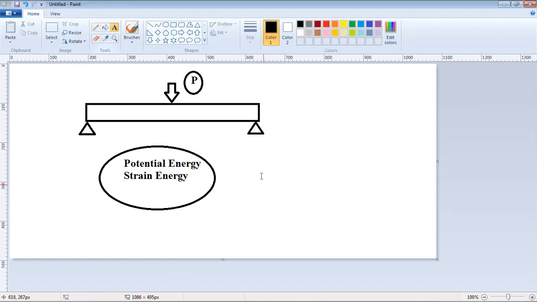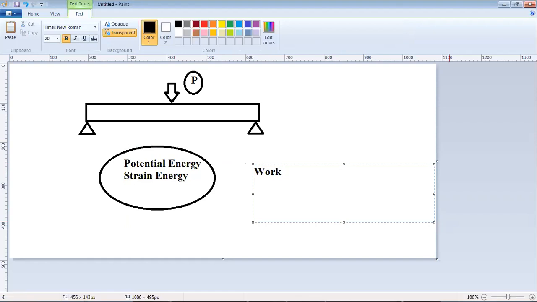So work done is always equal to the energy stored in the system. Now that energy is mostly stored as strain energy. So there will be a relationship between strain energy and the work done.